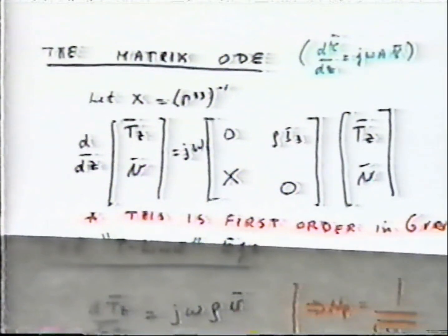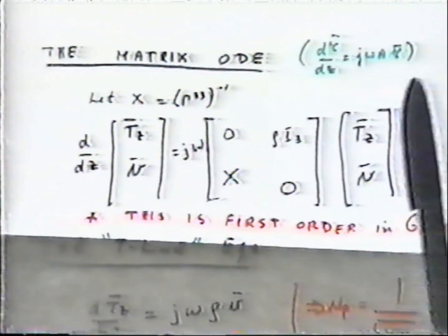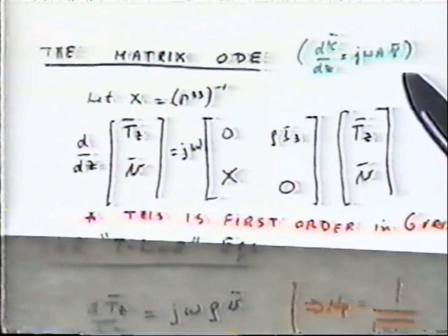And what is critical here is that this is the first order differential system in 6 variables, just like that. The same structure. The fact that there's a j omega there is irrelevant.